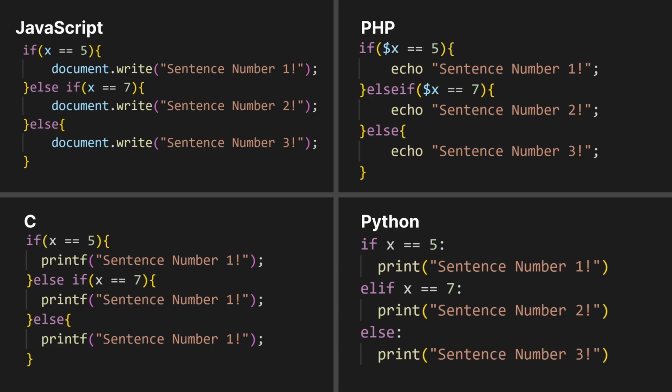Of course, Python is a bit of an outlier because it uses less brackets, but even with Python you can clearly see that it has the same structure as all of these other languages. So if you understand the JavaScript version, you also understand the PHP, C and Python version of if-else statements.